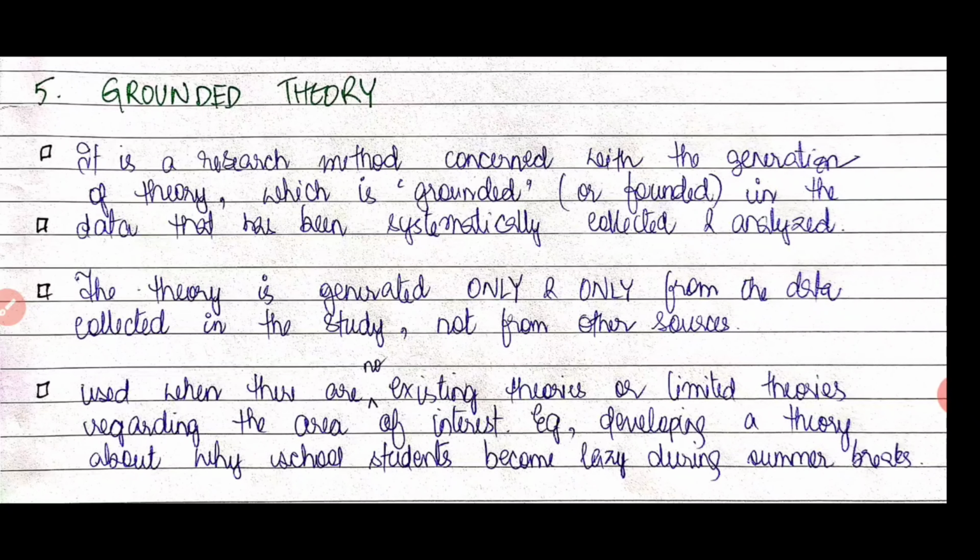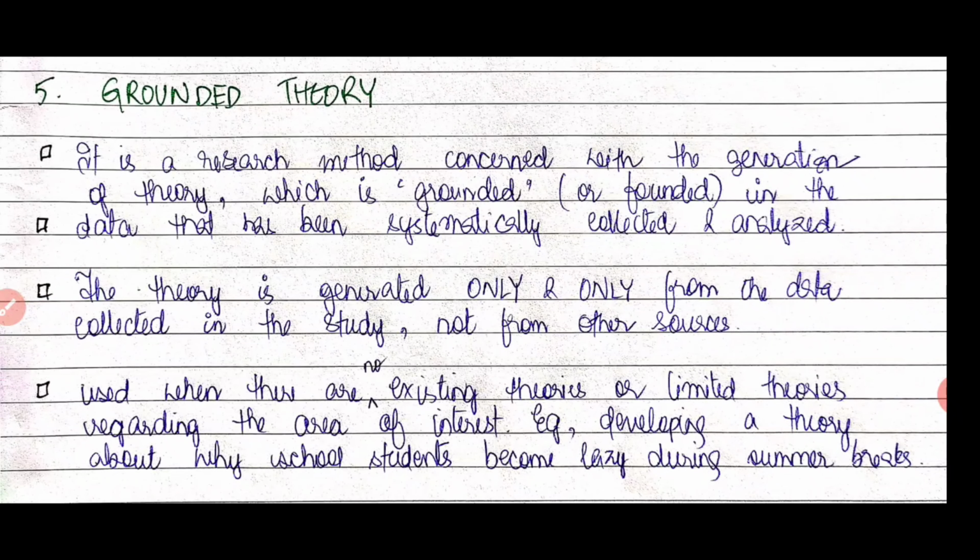Grounded theory. So it is a research method concerned with the generation of theory which is grounded or founded in the data that has been systematically collected and analyzed. So grounded theory basically means it is the theory that you generate from the data that you collected, not from other sources. You collected the data on your own, and you generate a theory which is grounded in that particular data.